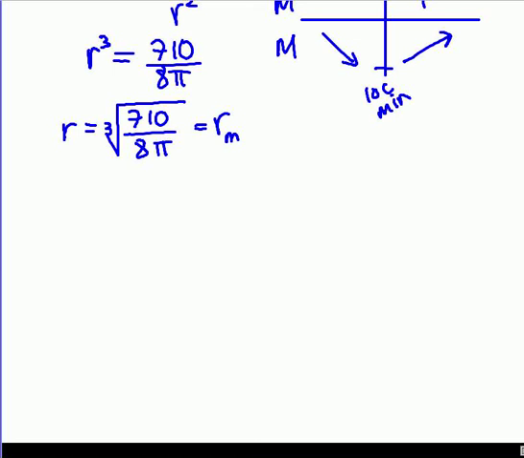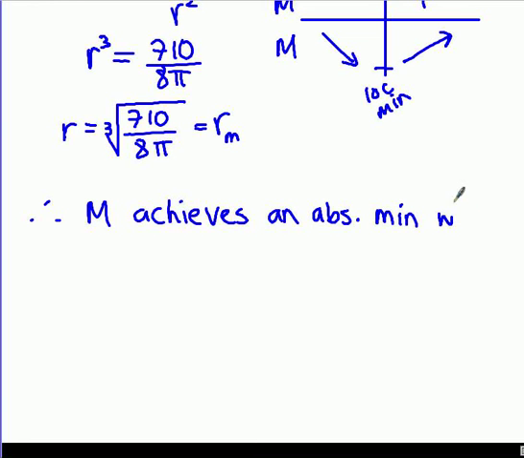And I can now justify my answer, and I can say, therefore, m achieves an absolute minimum when the radius is our critical value, r sub m.